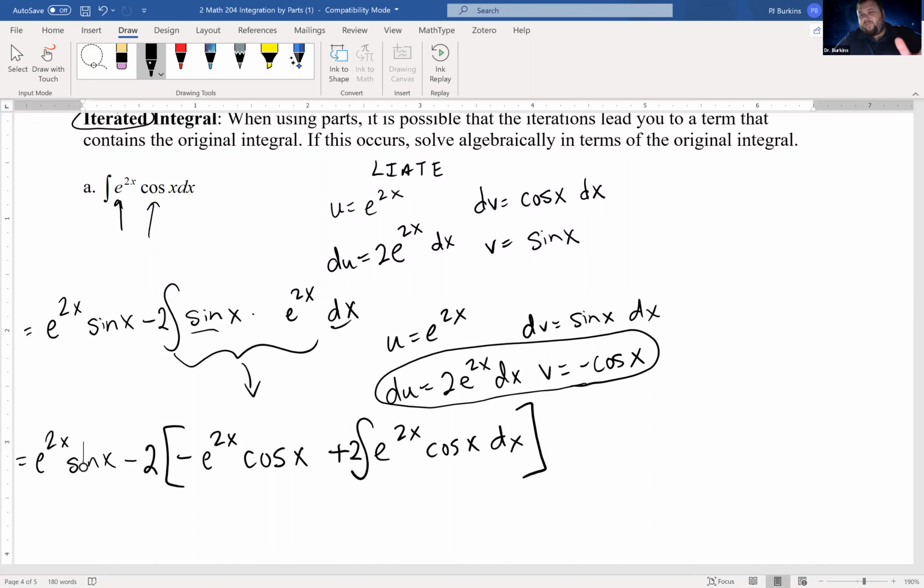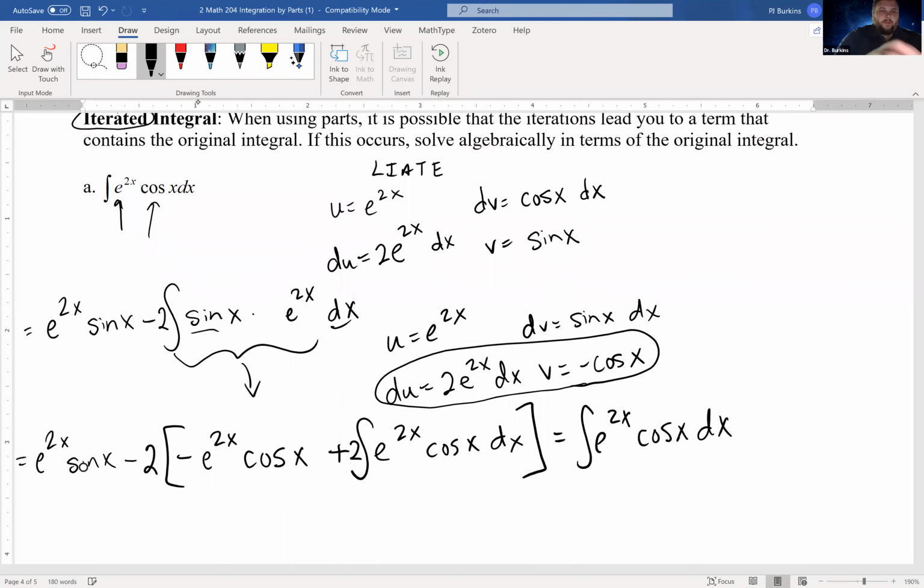This type of problem is usually given to students to watch them constantly do integration by parts, which is great practice, but you could literally sit here and do this all day if you don't know the trick. So all of this, remember, is still equal to the original integral that we're trying to solve.